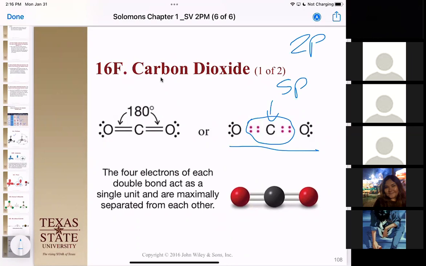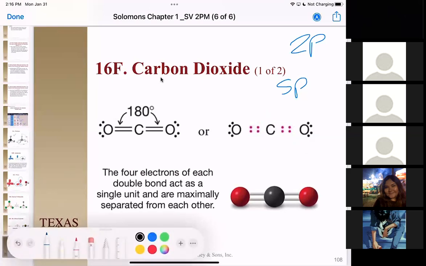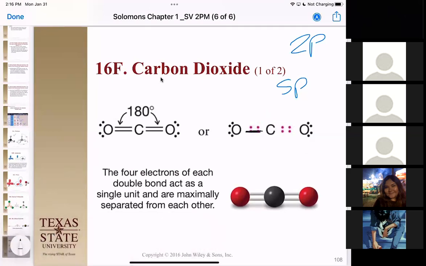We have sp. We have 2 unhybridized orbitals, and we have 8 electrons around our carbon. So everything seems to be going okay right now, right? So let's talk about the first 2 bonds we build, these 2 electrons and these 2 electrons. Those are hybridized orbitals. So what kind of bond do we have with a hybridized orbital?